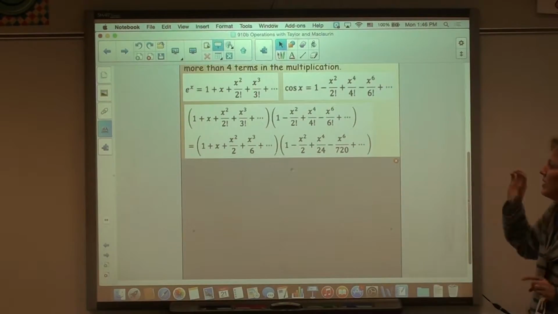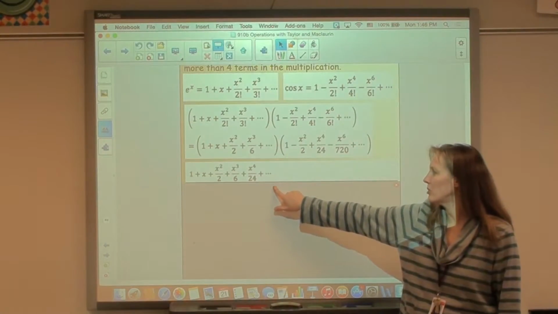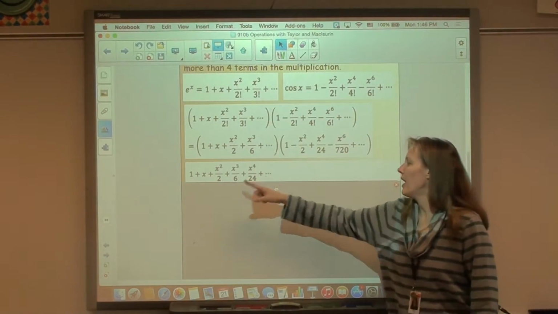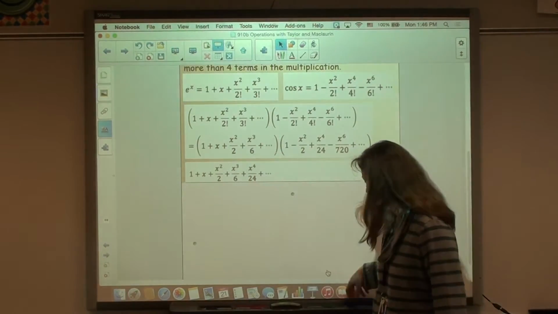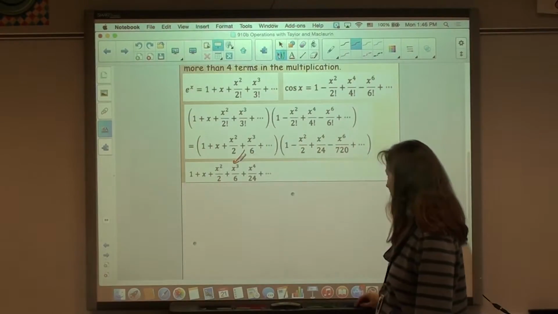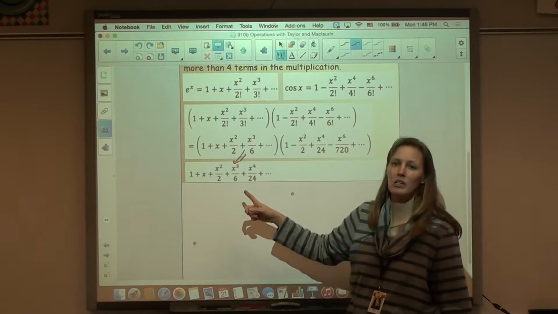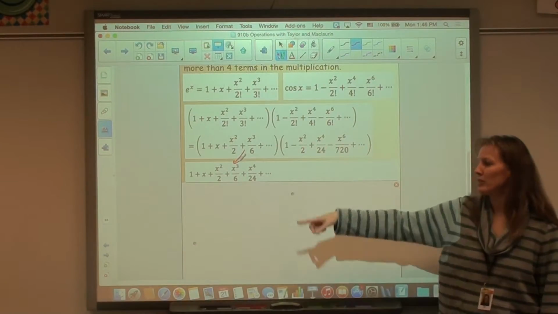So here's what I did. The first thing I do is pick one of these and write it out up top. I picked this one and put it down here for no reason other than because I wrote that first, right? You can put that one there, it doesn't matter.